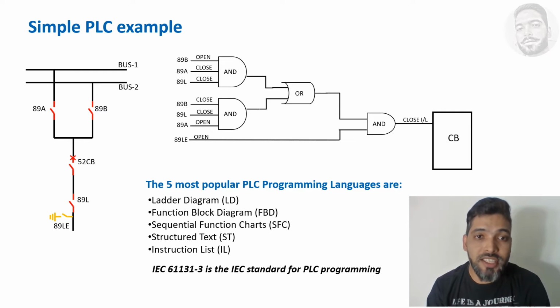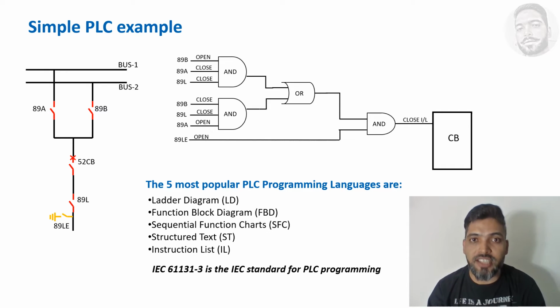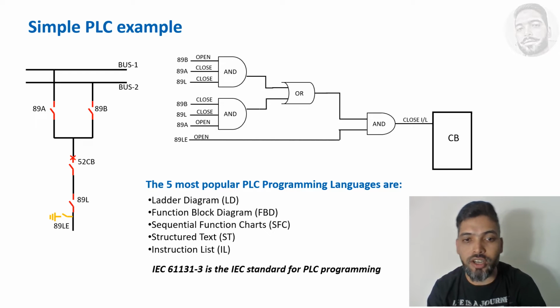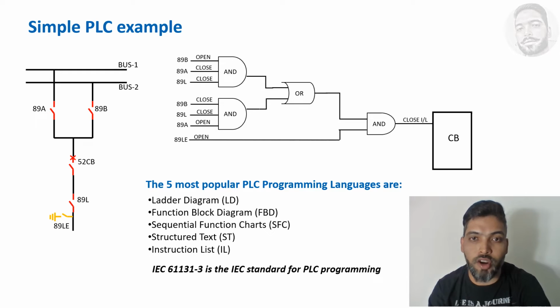That's it, guys. PLC is very simple, and you can become an expert in PLC very easily. I'll give you a small talk, maybe a 15 to 20 minute video, on this topic next time.